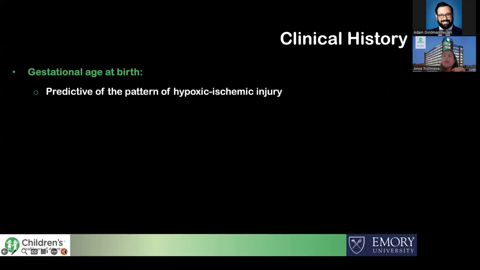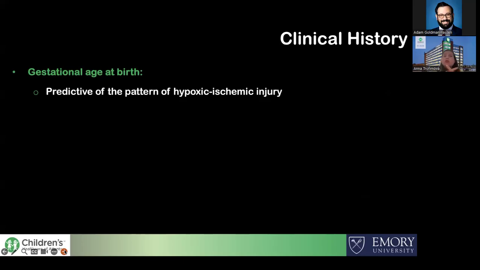So what are other things that are important for us to know before we even start discussing the imaging? Of course, clinical history is a big part of it. Clinical history is always important when we read imaging studies, but it's particularly important when we try to read a neonatal MRI or CT. What are some aspects of the clinical history that will be helpful for us?